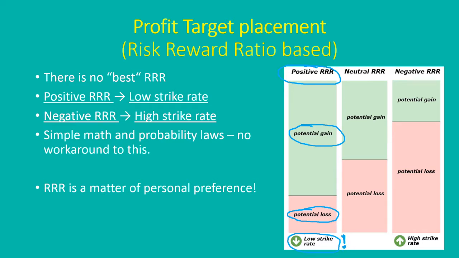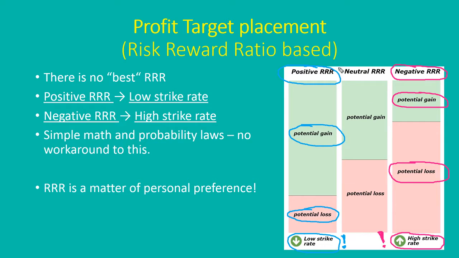If on the other hand, you have negative risk-reward ratio, you'll be winning a lot less, potential loss will be great, but you'll be winning very often. So what I'm trying to say is this is just a matter of personal preference. This is what you prefer, either to win often and don't win that much, or win less often, but if you manage to take a winner, it will be a huge winner, right?